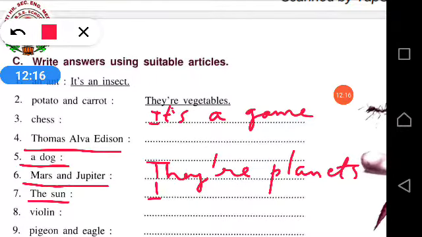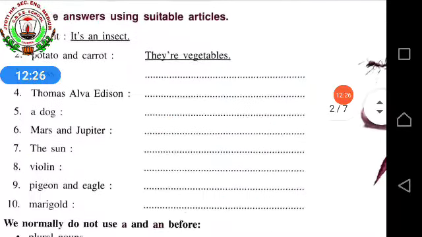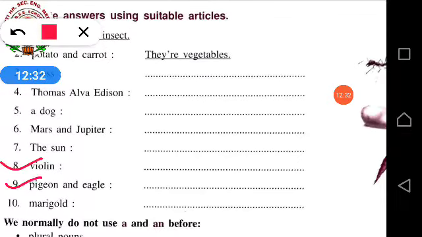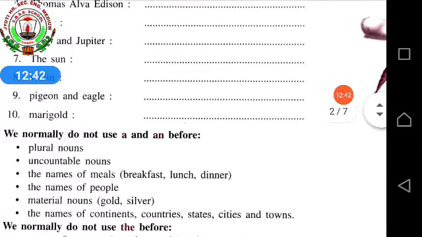The sun, it's a star. In the same way, you have to do 8, 9, 10. Violin, singular. Pigeon and eagle, plural. Marigold, singular. Clear?